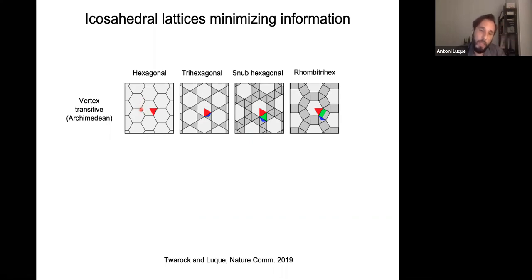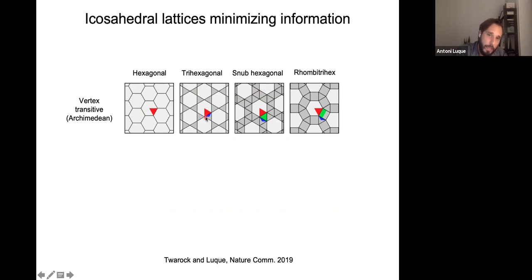And among the Archimedean lattices, you have 4 cases that have a hexagonal sublattice. So these would be the lattices that have the least amount of information required to build the regular lattice. Okay. So those are the ones that we started with, and you say, well, with these ones we're going to be able to build a Caspar and Klug construction. These are the hexagonal lattice, trihexagonal lattice, snub hexagonal, and rhombitrihexagonal.